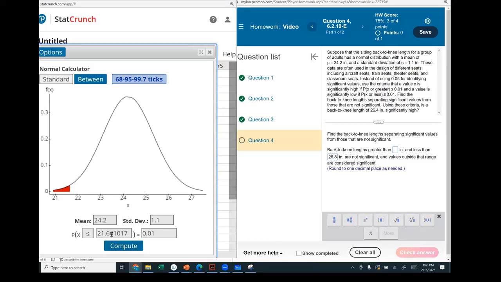And I get to 1 decimal place, 21.6. And so basically I'm saying it has to be bigger than 21.6 and smaller than 26.8. So we really want the area, and let's say our largest value was 26.8. So we want the value that I'm coloring in yellow.